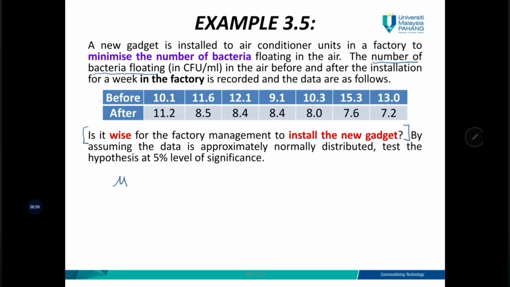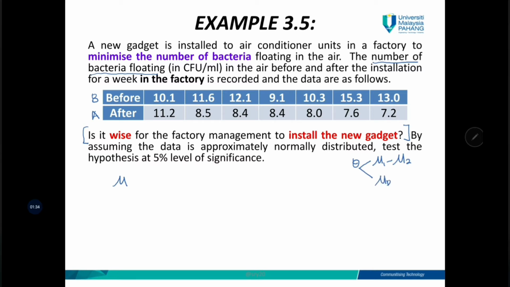We have two datasets: dataset B for before, dataset A for after. This means this is under the difference between two means. For the difference between two means, we need to be careful, because this is either under independent samples or dependent samples. Dependent is mu d.